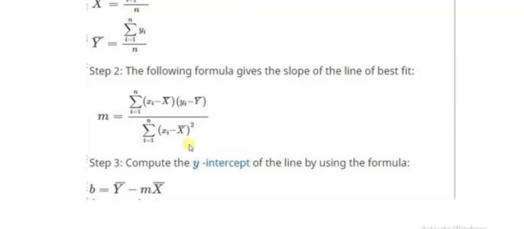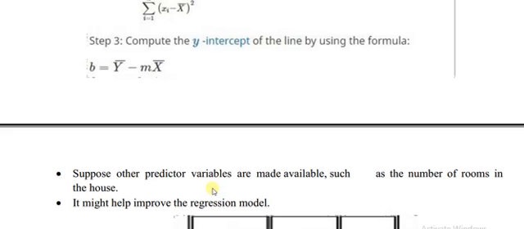Next, in order to enhance the predictive accuracy of the regression model, we can consider adding a few more features to the given data set. Suppose other predictor variables are made available, such as the number of rooms in the house.